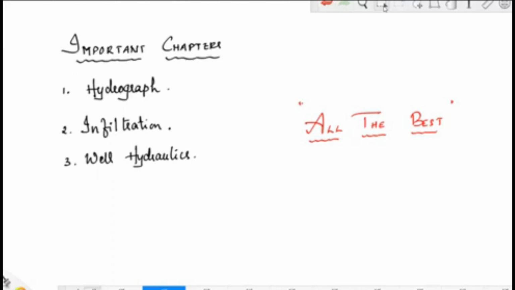Okay, then try to revise those things and write one or two tests. For example, for important subjects like GT, environmental, RCC, you can attempt subject wise tests, and get confidence and try to write the exam. Okay, sir. Thank you, sir. All the best.